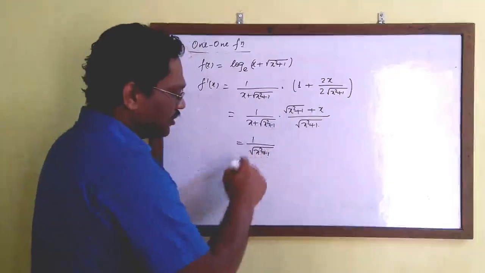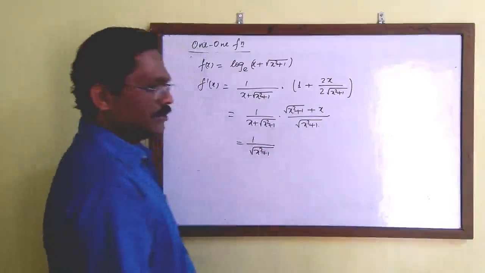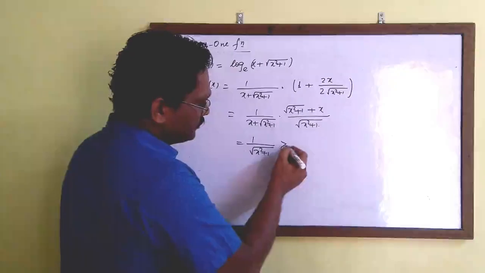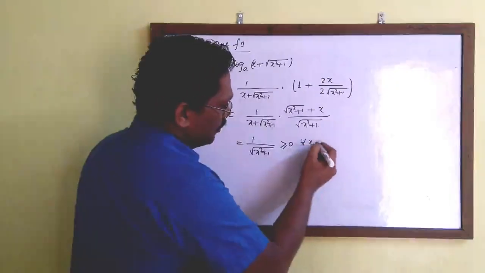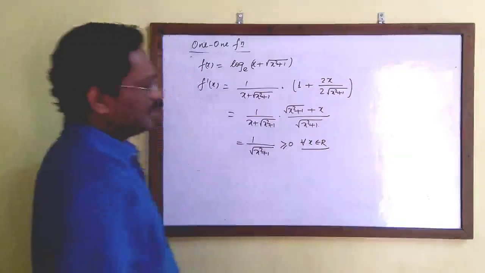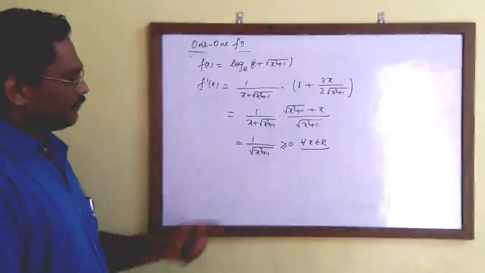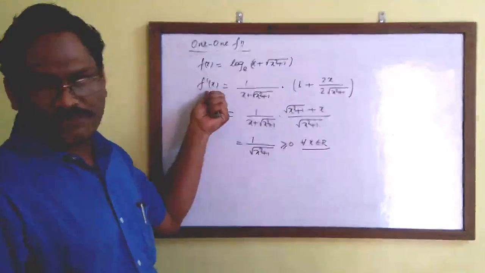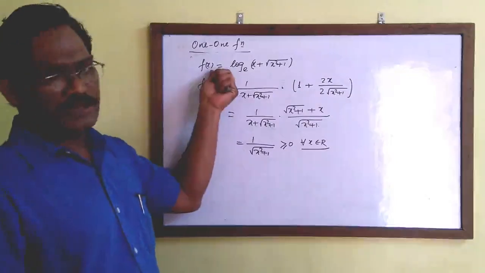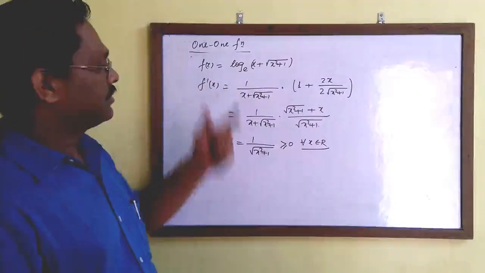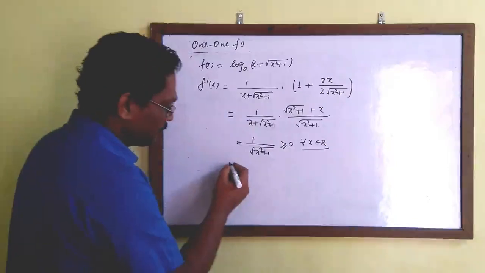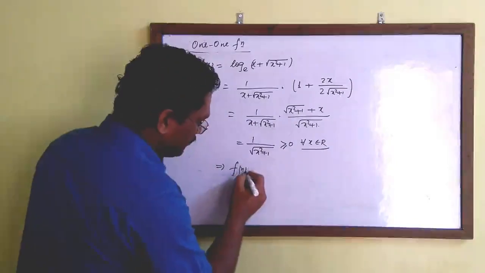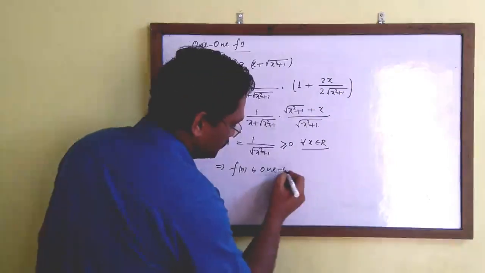Now this is the positive square root and in the numerator you are having 1. So this is greater than equal to 0 for all x belonging to R. That means this function f(x) is an increasing function and it is always a 1-1 function.